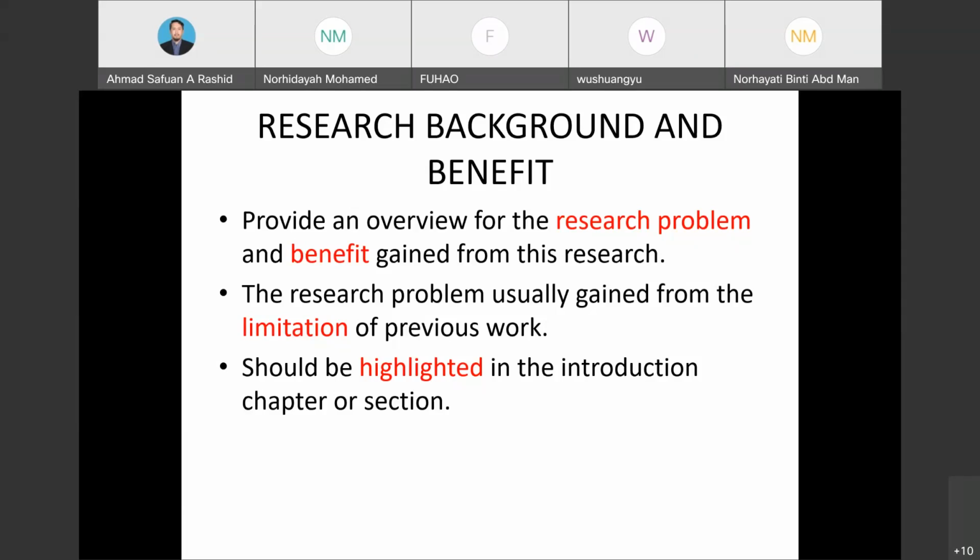And then when we refer to a thesis, on the recommendation part, which has not been covered in the previous study, we can try to get an idea from the suggestions by the previous author. So this background and benefit should be highlighted in the introduction chapter or sections.